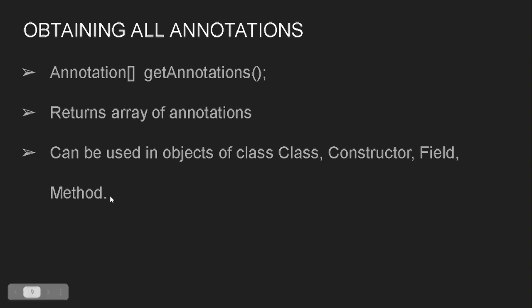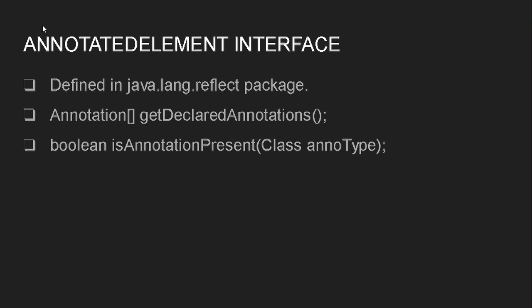Then we have an interface named the AnnotatedElement interface. This interface is defined inside the java.lang.reflect package, and it has two methods. First, the return type of this method is array of Annotation, and the name of the method is getDeclaredAnnotations.